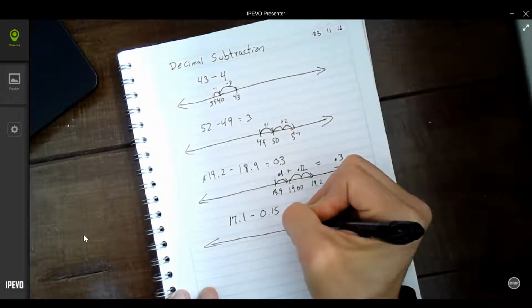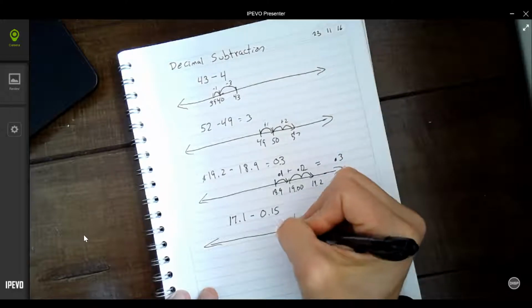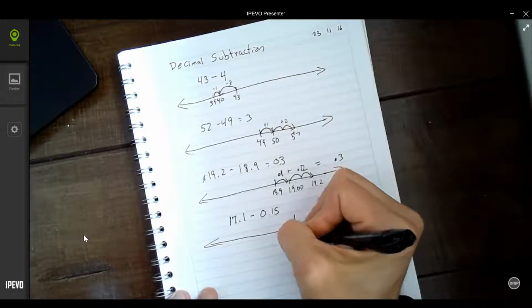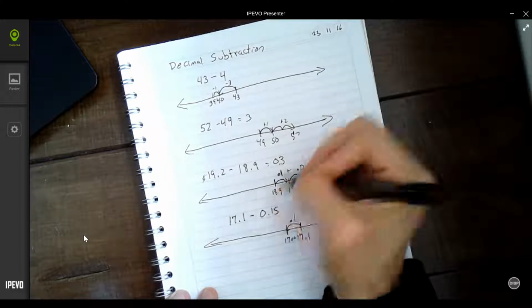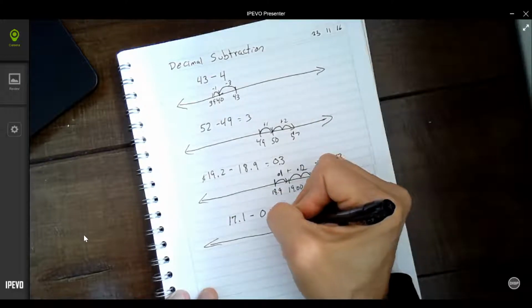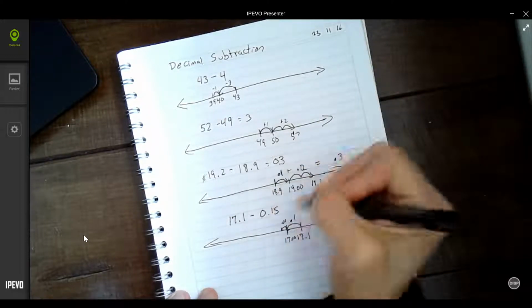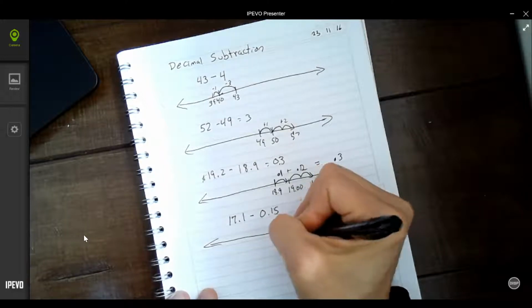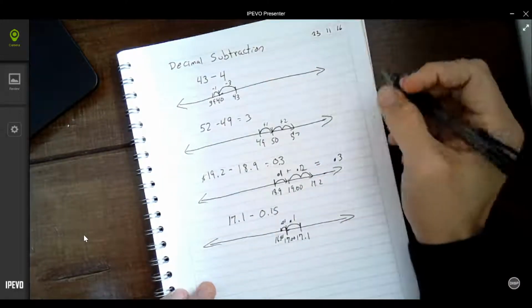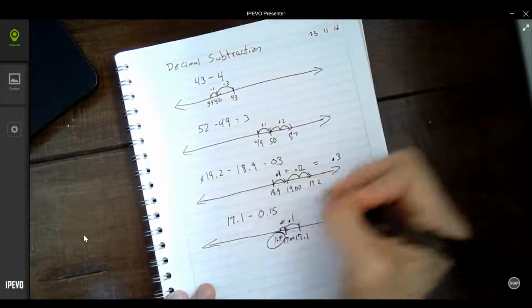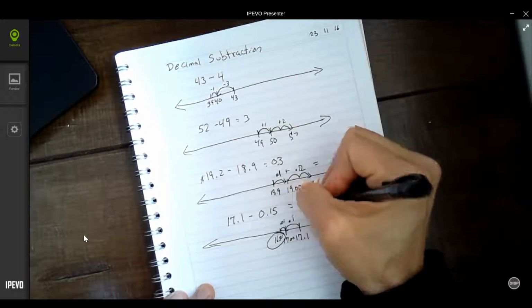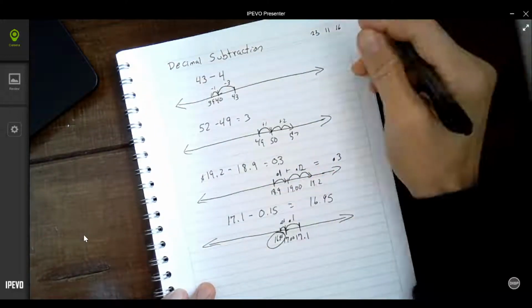So I'm going to take 1 tenth away to get to 17. Taking that 1 tenth away, I have 5 hundredths left to go, which gets me to 16 and 95 hundredths. So that is my answer there.